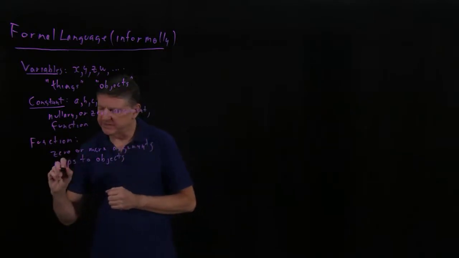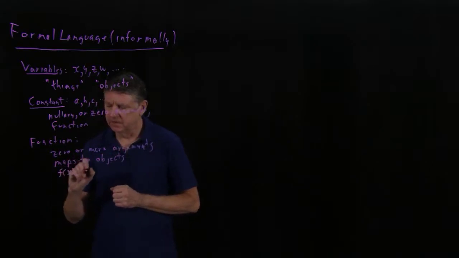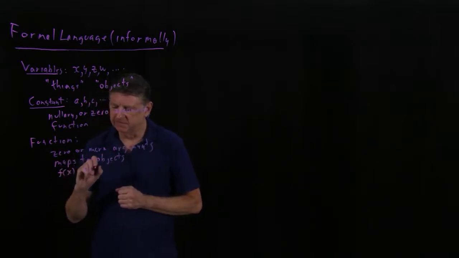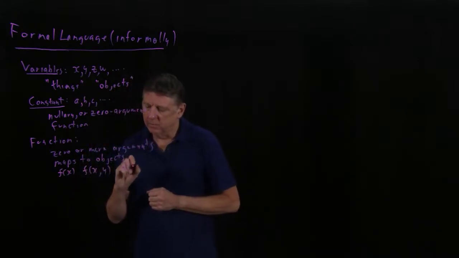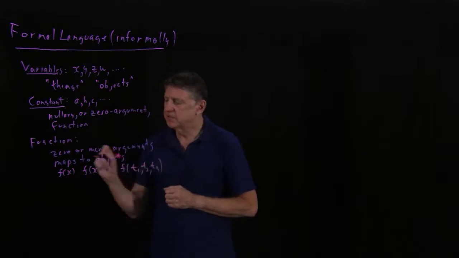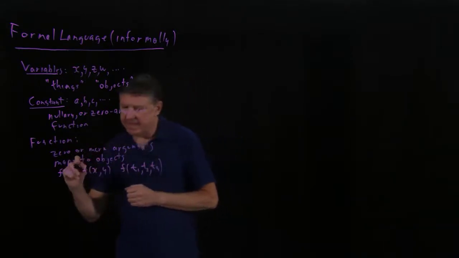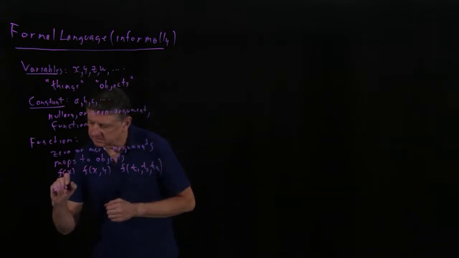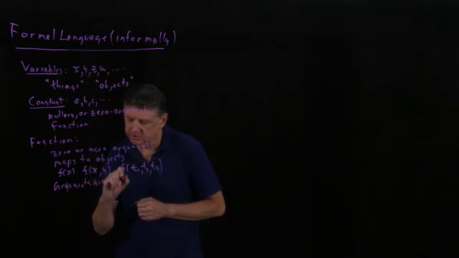And so, for example, we might say f of x or f of x, y, or we might have some term t. So we might have t1, t2, t3. And so this maps from the arguments to the objects. And the arguments are terms.